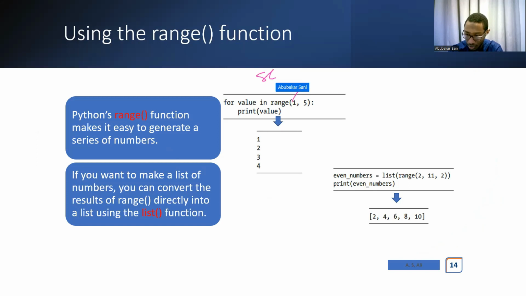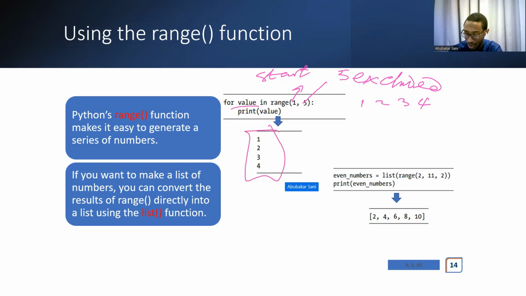So we are going to start counting from one, and then we are going to stop at five. But five is excluded. Meaning we are going to have one, two, three, and four without five. And when we print the value, you can see we have one, two, three, four, no five.